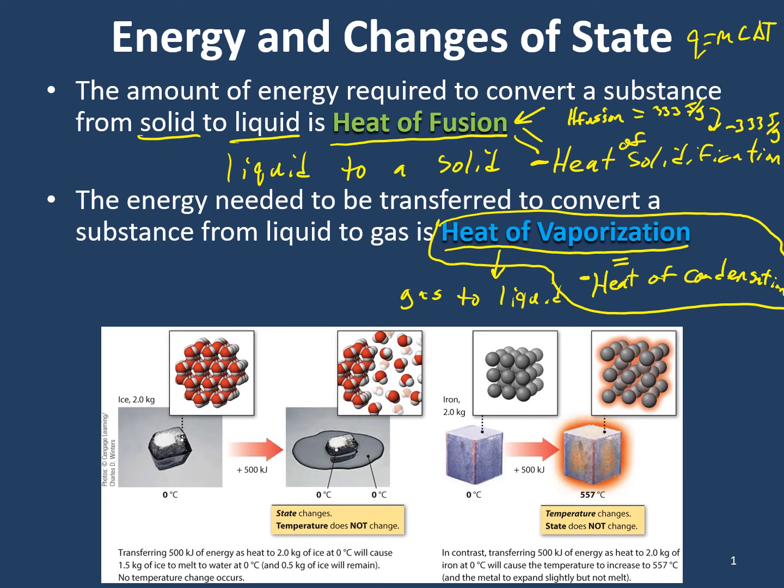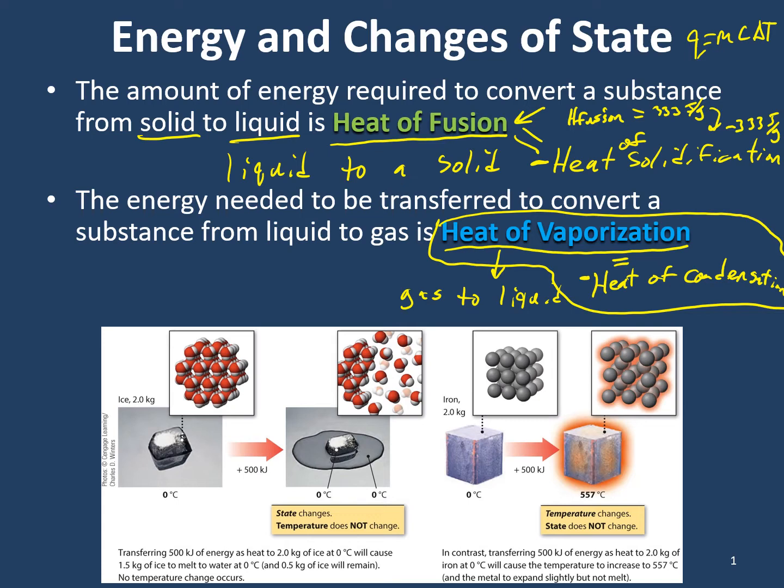Now, one of the interesting things about energy here is that when we change a substance from one temperature to another, and if we put energy in, we'll continue changing the temperature of that substance until we reach the boiling point or the melting point of the substance.